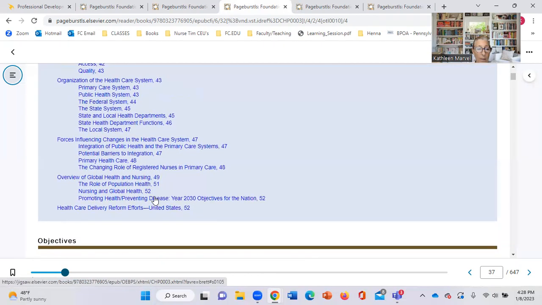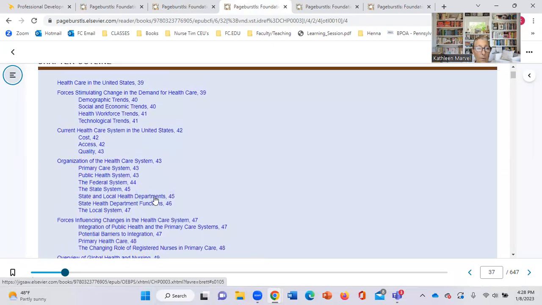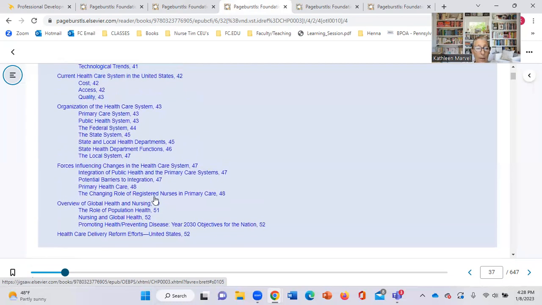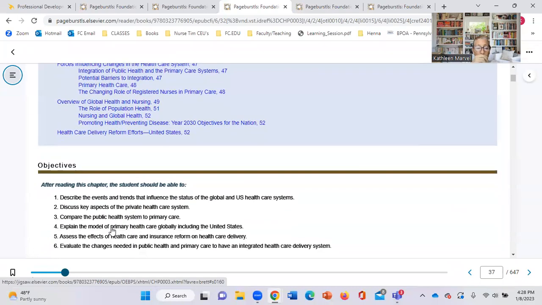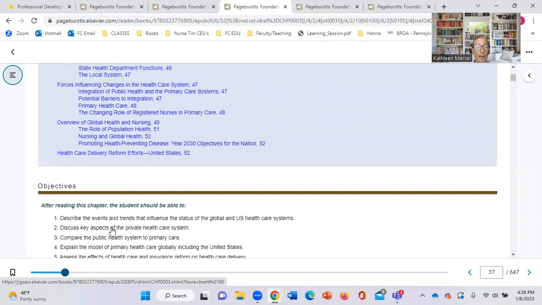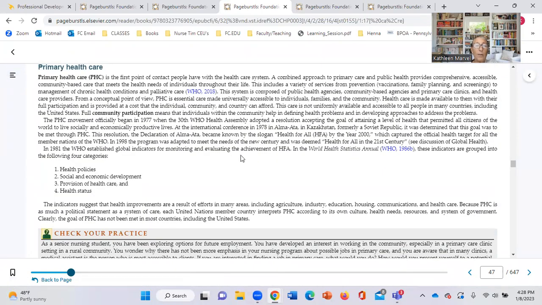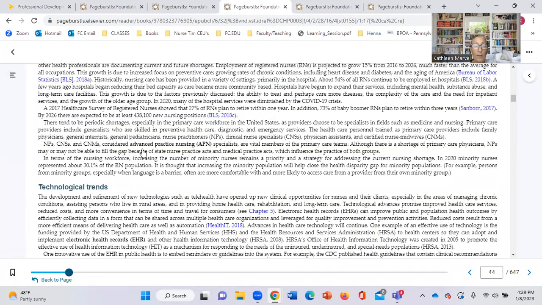I'm looking for the, no, public health to primary care. Okay, let's look at that one. Public health to primary care. C, or number 3. Well, if you just click on primary care, it's going to take you right to that section and talk about primary care, okay, as per your objectives.